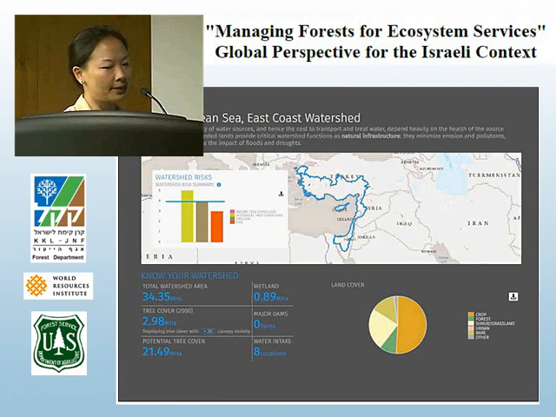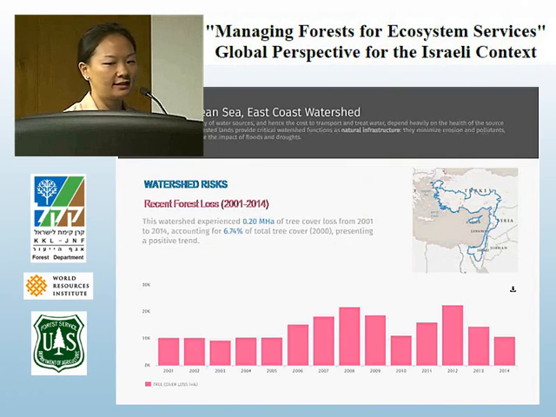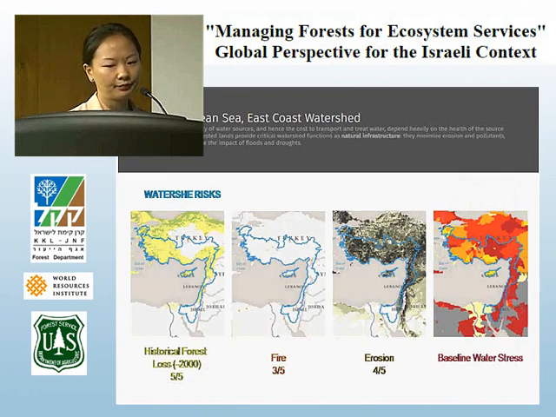A score of 4 and above indicates that the watershed health is more likely to suffer as a result of exposure to that problem, and further investigation and urgent action would be needed to mitigate that risk. And as we see, the region suffers mostly from historical forest loss prior to the year 2000, erosion, and fire.